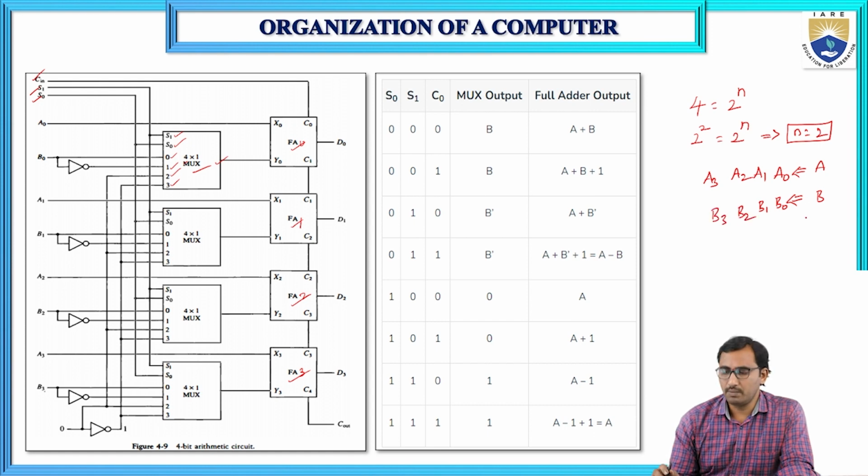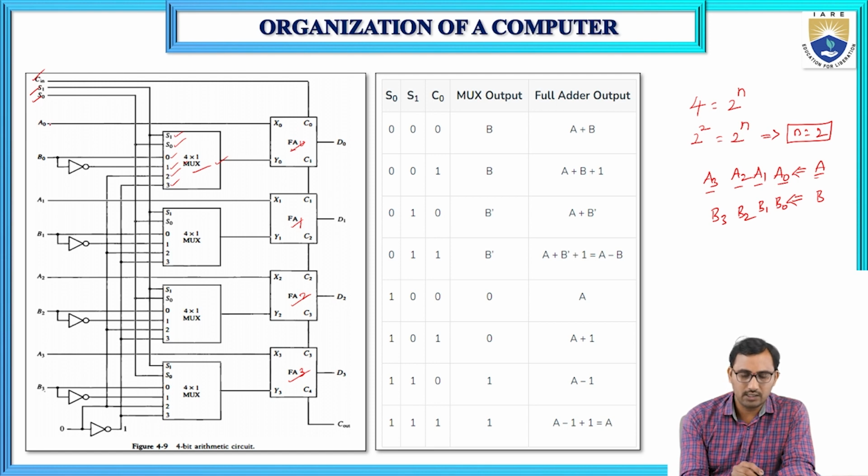The bits of A are directly given to the full adder. A0 is directly given to X0, similarly A1 is given to X1, A2 and A3.